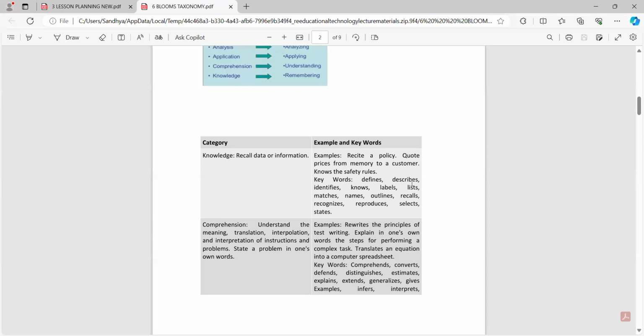Defines, describe, identify, knows. Knows is wrong, because knowing cannot be measured. We will be talking about smart objectives later on. Outline, recall, recognize, reproduce, select, state, name, label, match. All these are just remembering, nothing much, right?